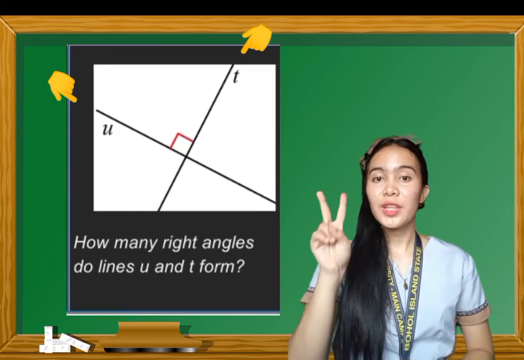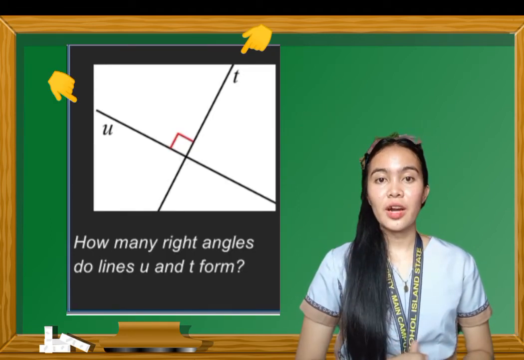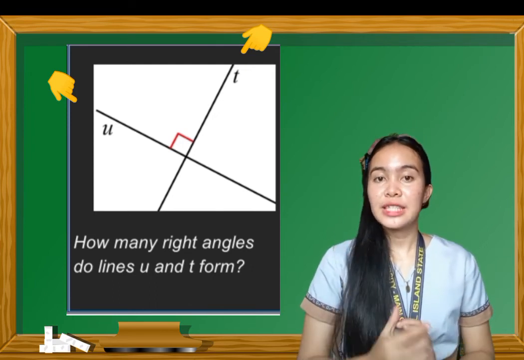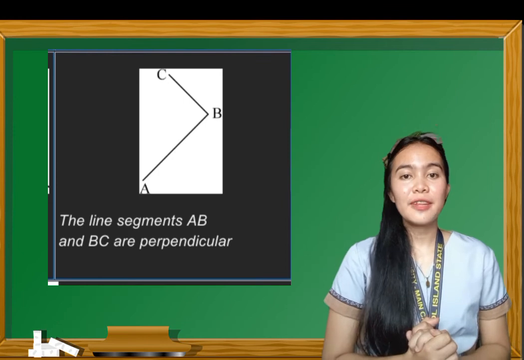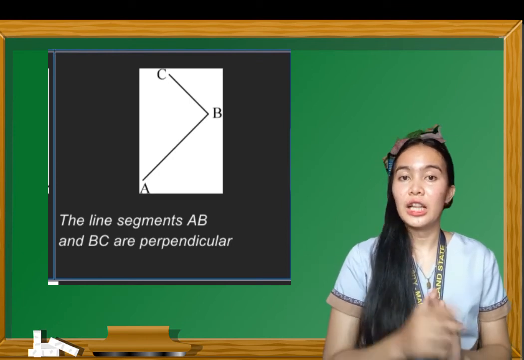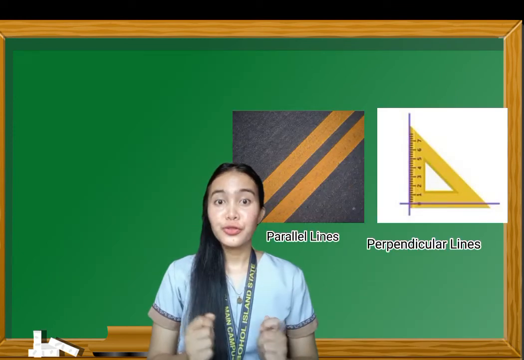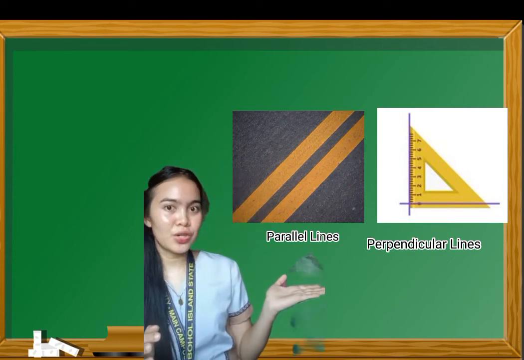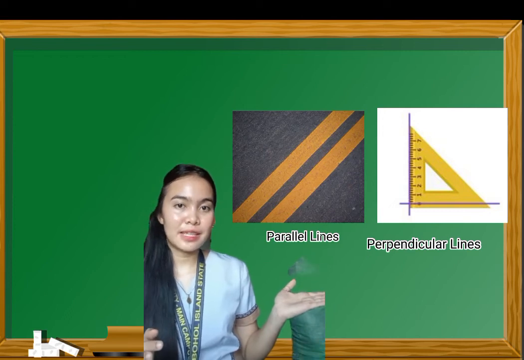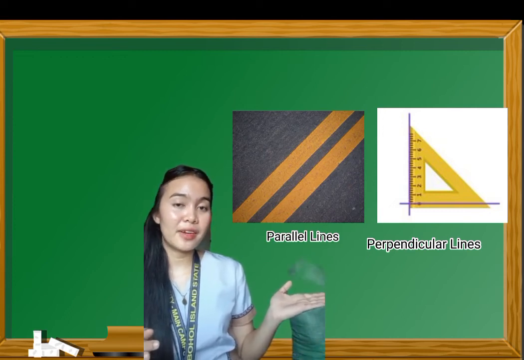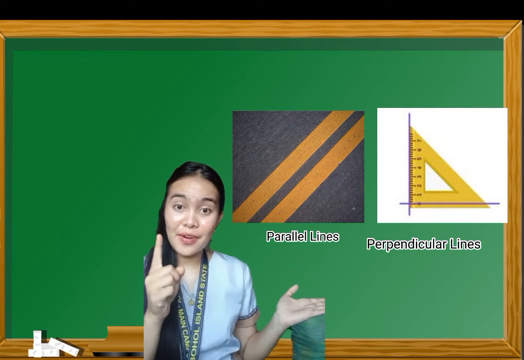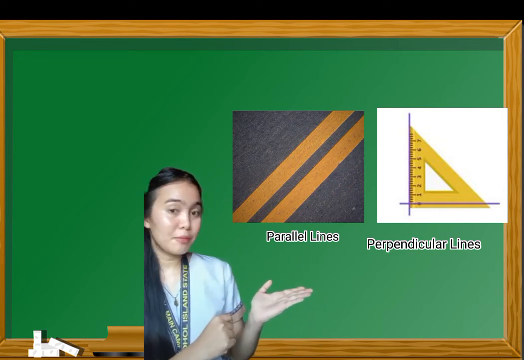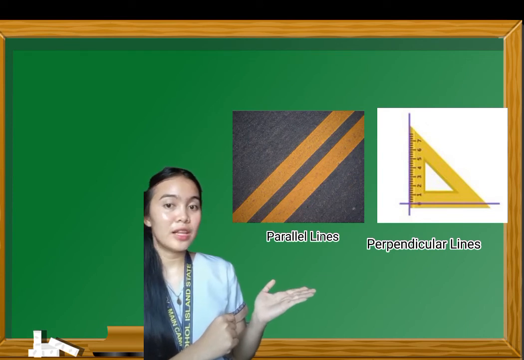We say two lines or line segments are perpendicular if they form a right angle or several right angles. We can mark a right angle with a square corner. Now, to further elaborate the topic, I have prepared illustrations of real-life examples of perpendicular and parallel lines. Notice the differences. Okay, the first picture is the parallel lines and the second picture is the perpendicular lines.